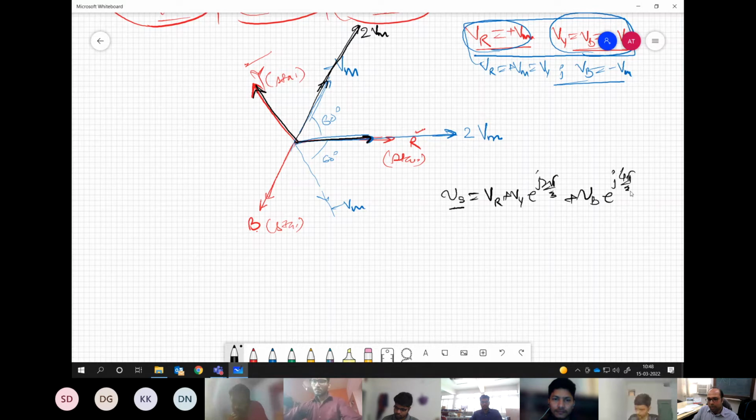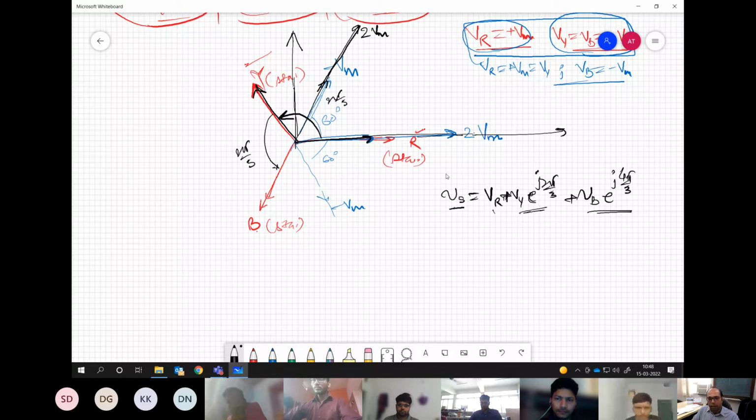So how is this represented basically? Any vector Vs is basically a sum, where this is my axis and this is the perpendicular of that. I'm taking R as a reference and then Y is shifted by angle 2 pi by 3, so it is added vectorially to this R. And then B is again shifted by 2 pi by 3 from Y, so again it is added vectorially.